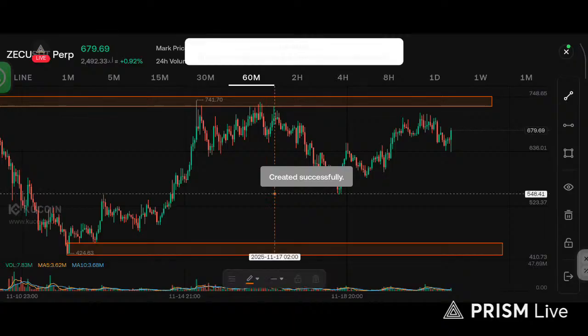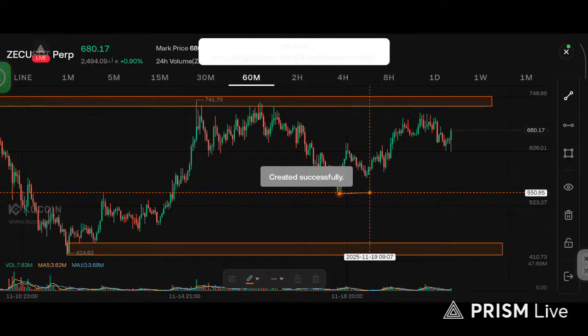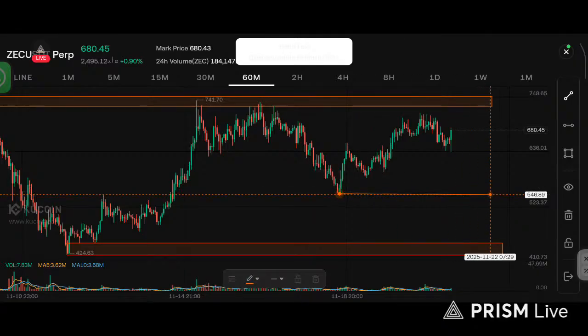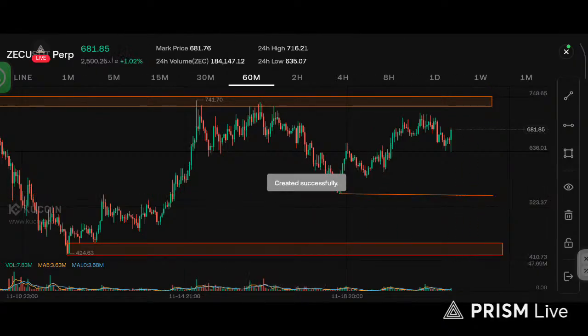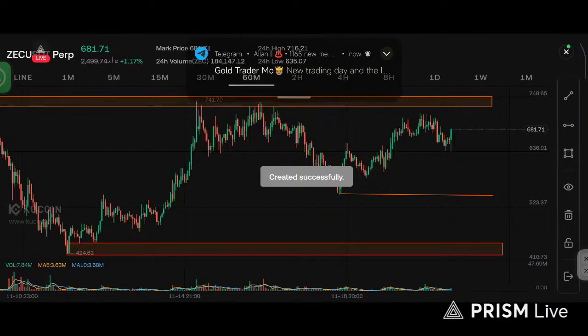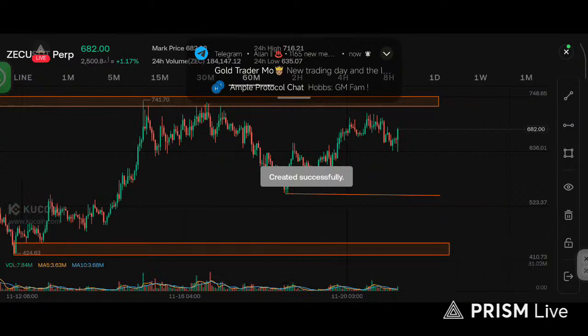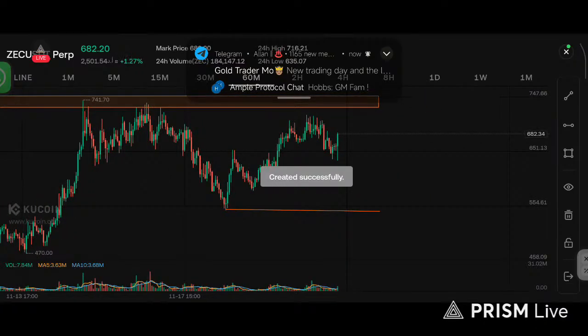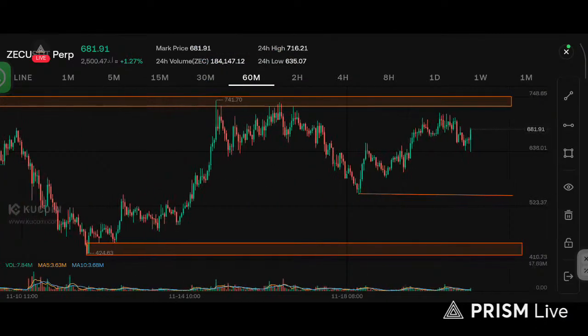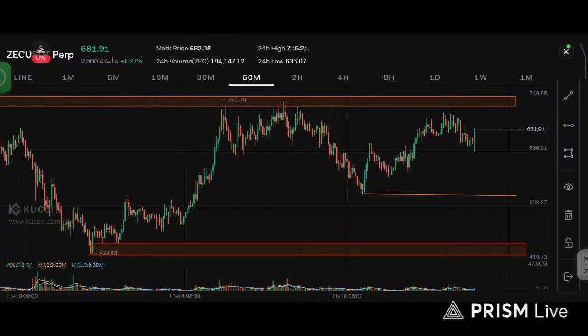This is our liquidity sweep. This is our liquidity. After you see it was forming higher highs, it then formed a series of lower highs and lower lows. So guess what happened in the market?